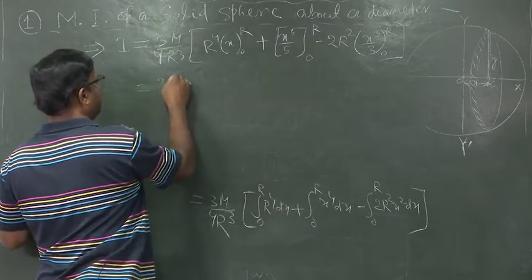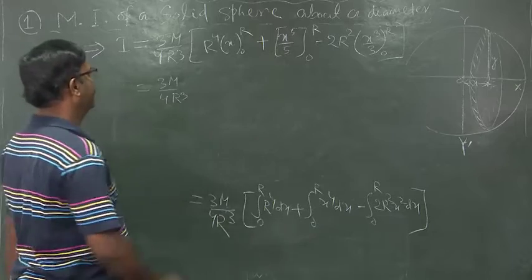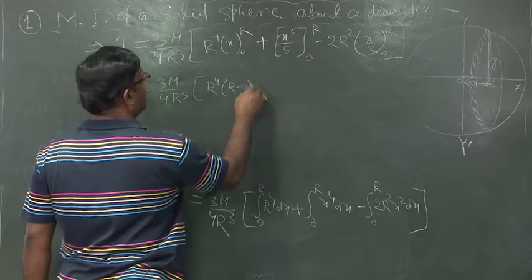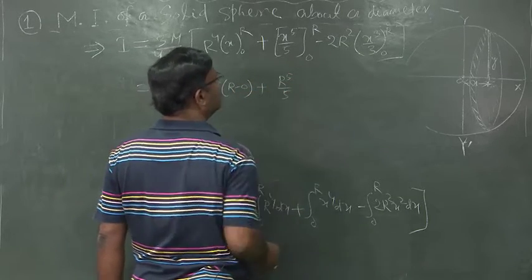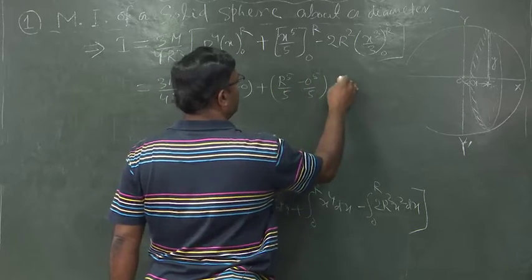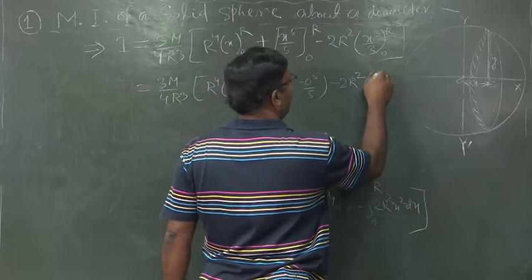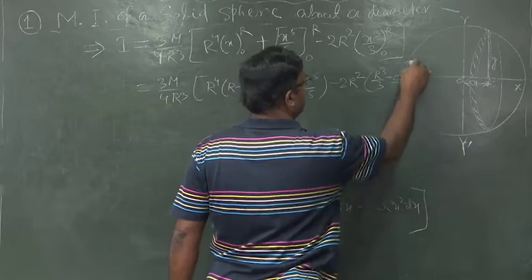Simplifying, we get 3m by 4r cube into r4 into r minus 0, plus r5 by 5 minus 0 to the power 5 by 5, minus 2r square into r cube by 3 minus 0 cube by 3.